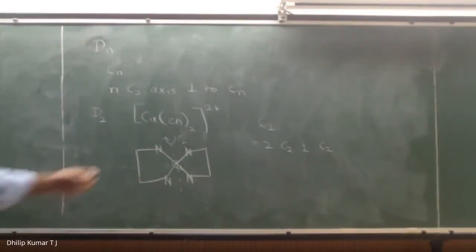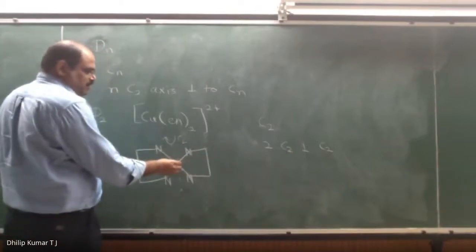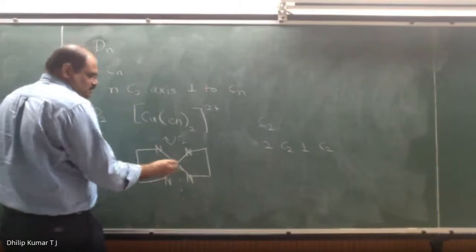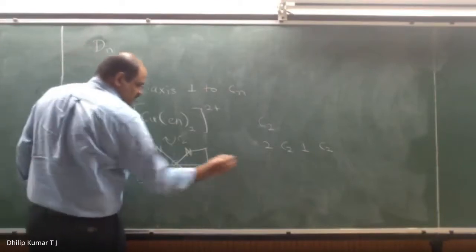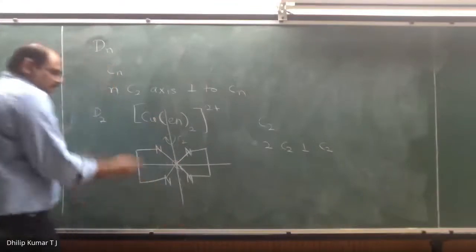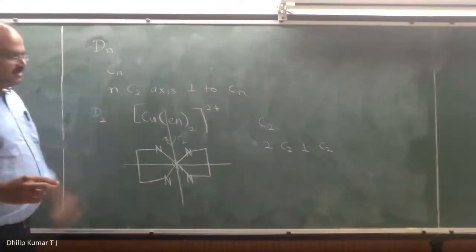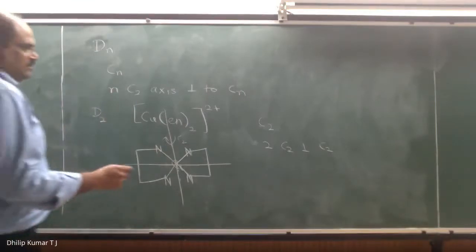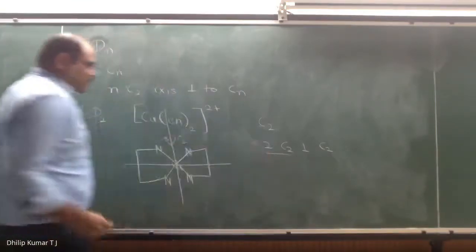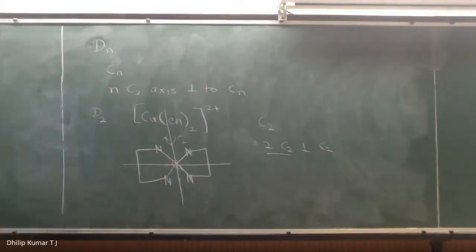Okay, and there are 2 C2s which are perpendicular to this C2. One is through this plane, and another one could be bisecting these two rings into two, which is on the plane. So those are the two C2s perpendicular to the C2 axis of symmetry. So this is D2 point group.